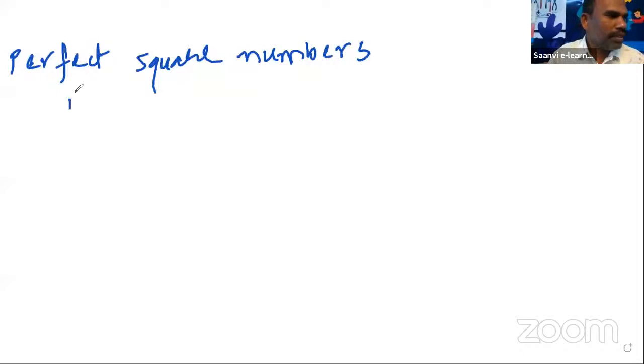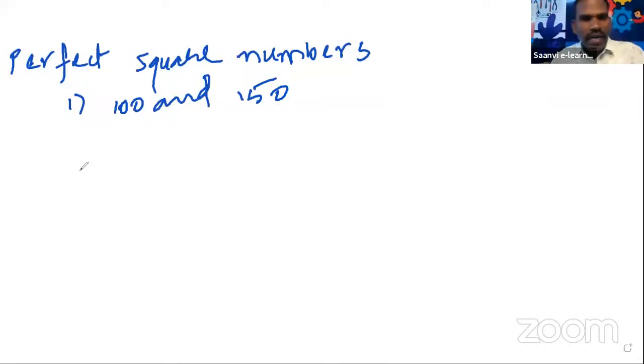Where to where? Between 100 and 150. See here, 100 means 10 into 10, after that 11 into 11.